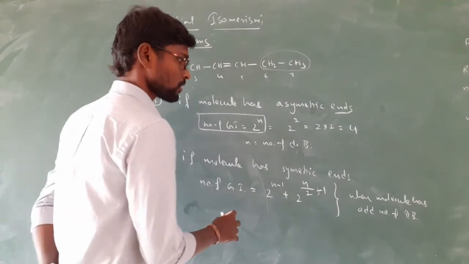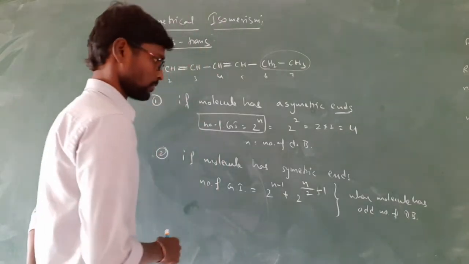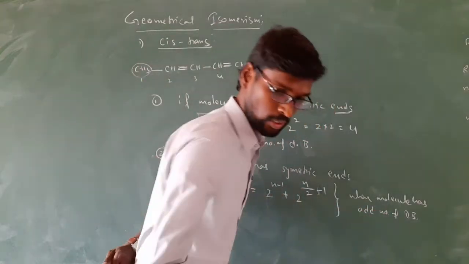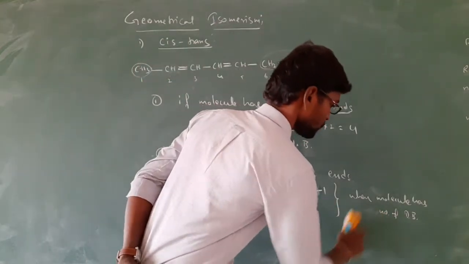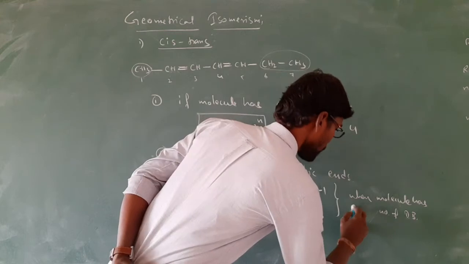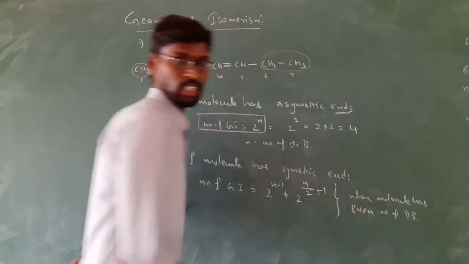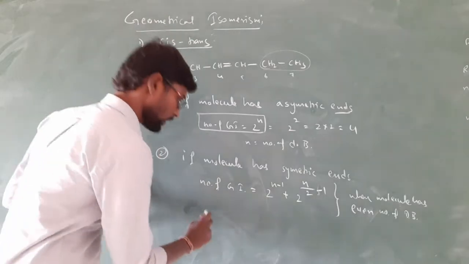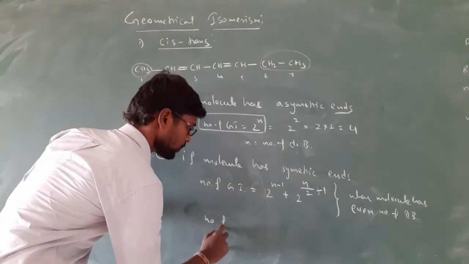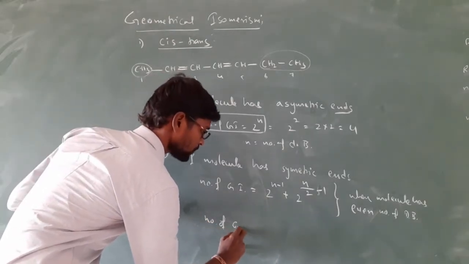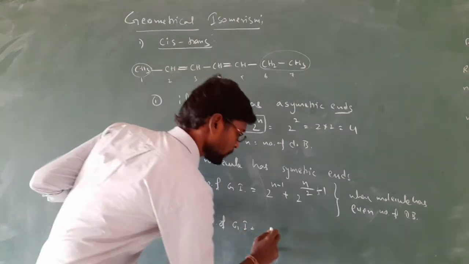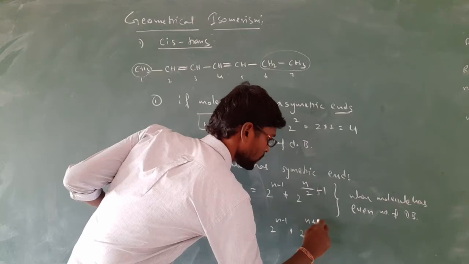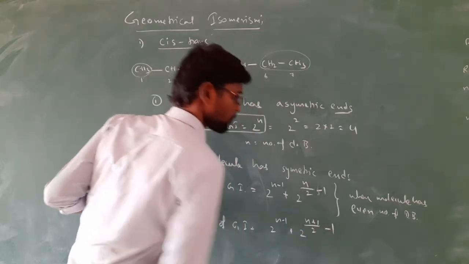Sorry, this is when the molecule has an even number of double bonds. A small mistake, I corrected that one. Now again, one more formula is there, where the number of geometrical isomers is equal to 2 to the power n minus 1 plus 2 to the power n plus 1 by 2 minus 1.